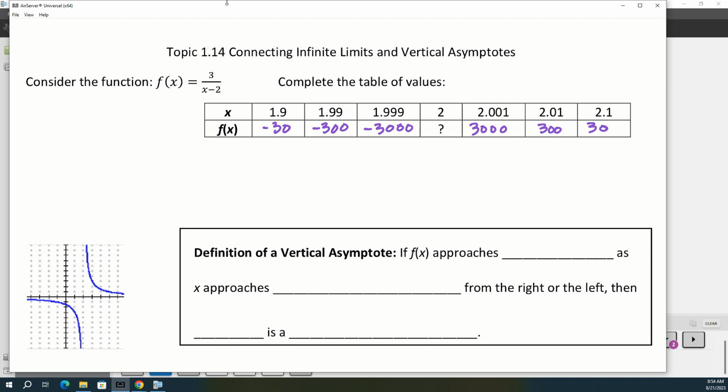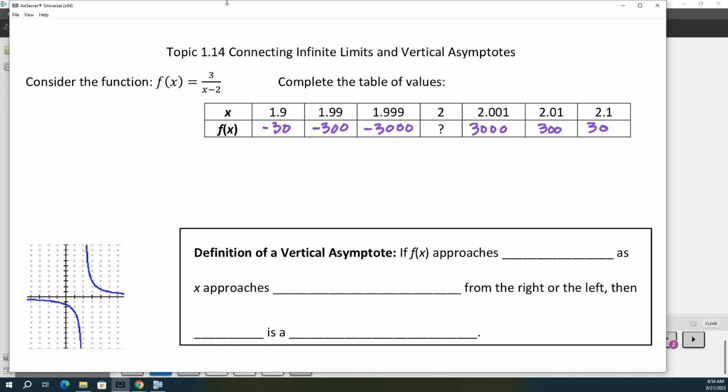What's going to be there? Vertical asymptote. Very good. That's because nothing factors here, and you have this value of x that's going to give you 2 in the denominator. When you plug in 2, you get 3 over 0. So that is a big clue that that's going to be a vertical asymptote.